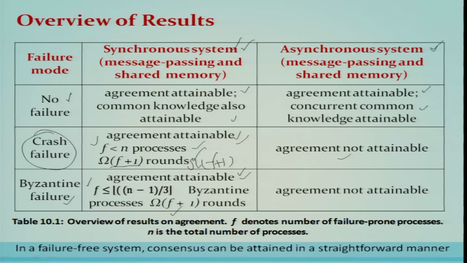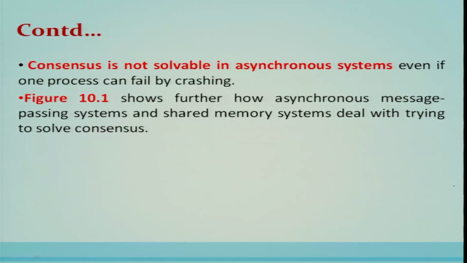However, in the asynchronous model, the agreement under Byzantine failure is also not attainable, because if it is not attainable in the crash fault, then obviously it will not be attainable in Byzantine faults. So consensus is not solvable in an asynchronous system, even if one processor can fail by crashing.